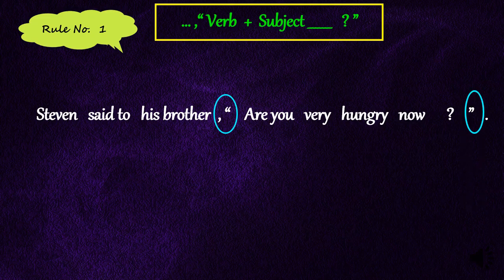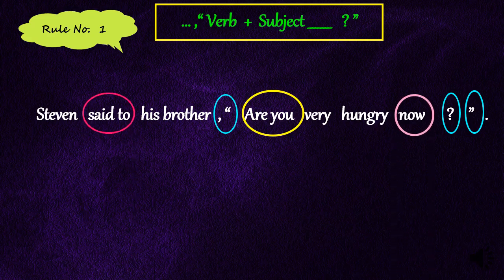Comma, open quotes, close quotes, question mark, verb and subject, said to, near adverbial. These are the changes which we need to make while converting from direct to indirect. So, said to will be written as asked.